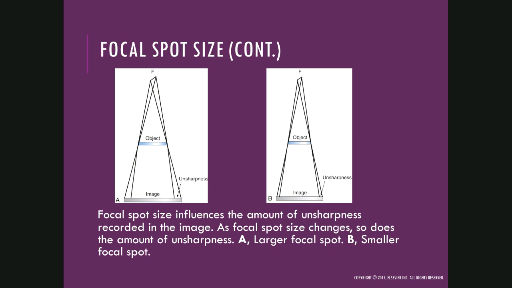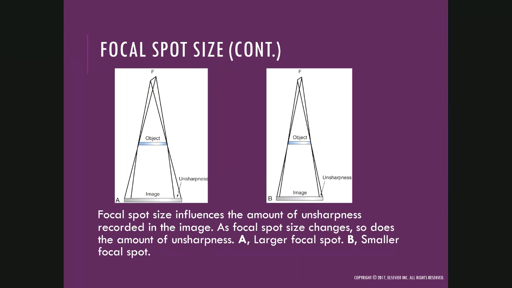The focal spot size influences the amount of unsharpness. This is another one of those things that you guys can demonstrate by using a flashlight and looking at a shadow of your hand. My husband has those big mag light flashlights, and you can turn the top of the flashlight around the lens, and you can make the area bigger or smaller.